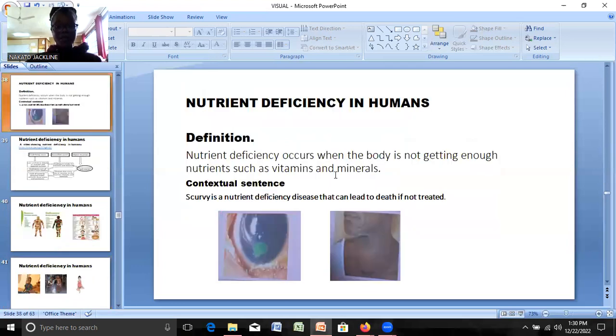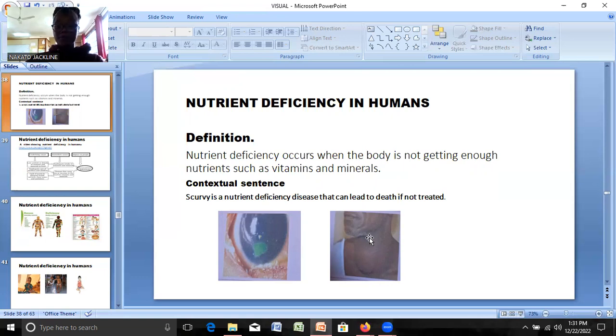So another keyword, we have deficiency, nutrient deficiency, and this occurs when the body is not getting enough nutrients, such as vitamins and minerals, as we talked about above. And this causes different effects on our bodies. As you see, when you're lacking vitamins in your body, you will have some problems with eye vision, like me.